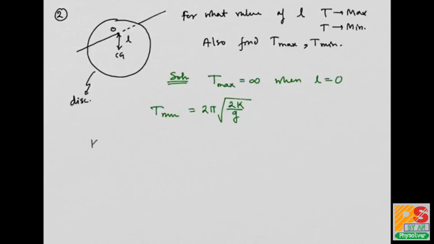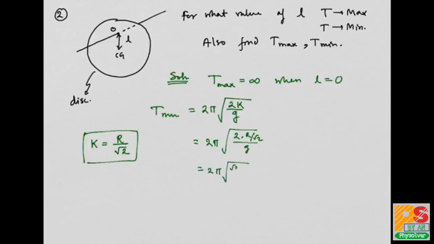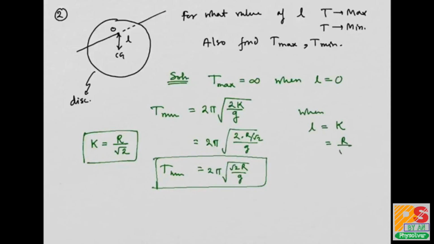K for a disk, as mentioned in the last question, is r by root 2, right? Put here 2 into r by root 2 by g. So this is 2 pi root over root 2 r by g. This is the minimum value of time period, right student? And when will that happen? When L equals k, right? And k we all know is r by root 2. So these are the answers to this question.